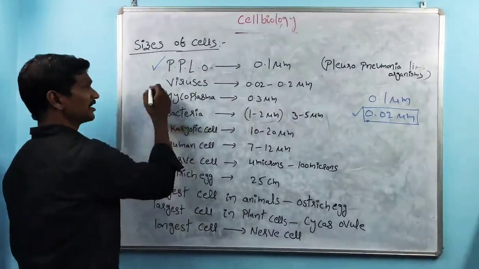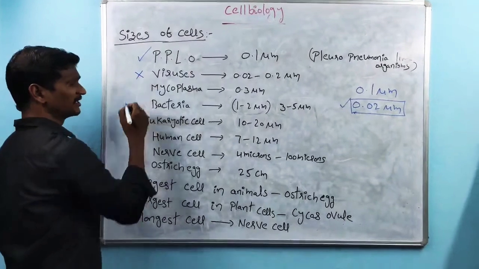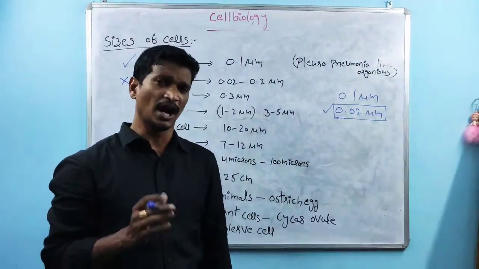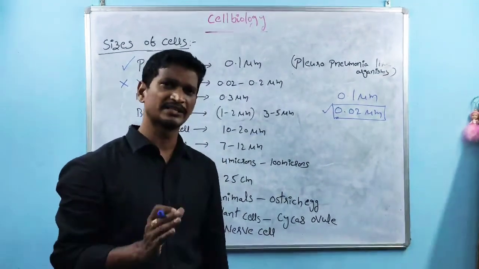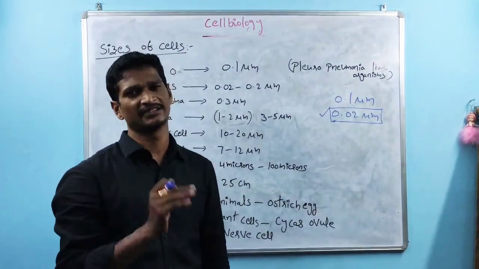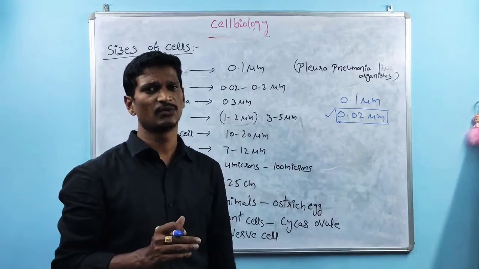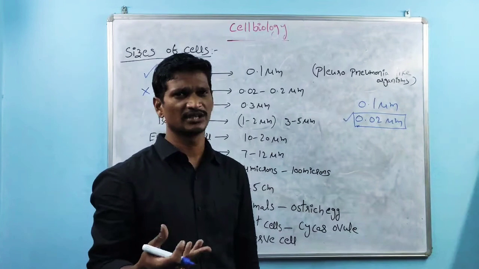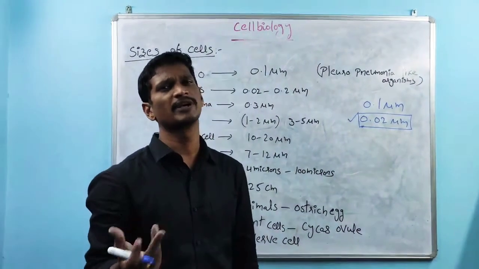Because viruses are not considered living organisms. Outside the host cell, the viruses are considered dead. These are also called inert. Outside the host cell, they are inert, not showing any metabolism.